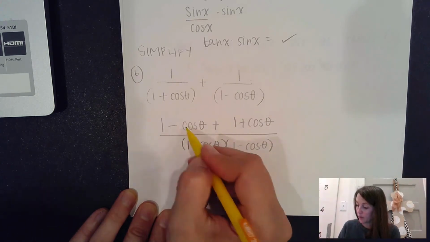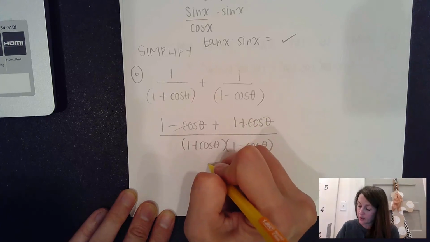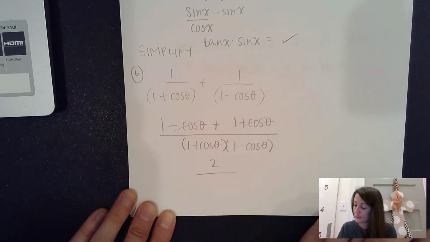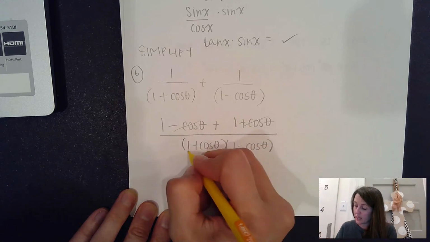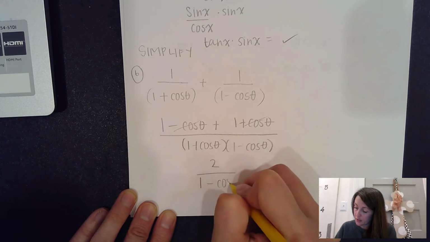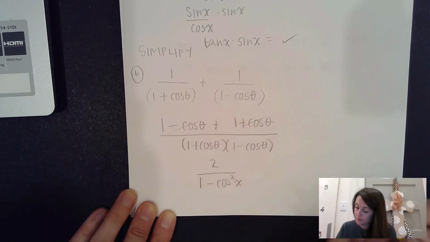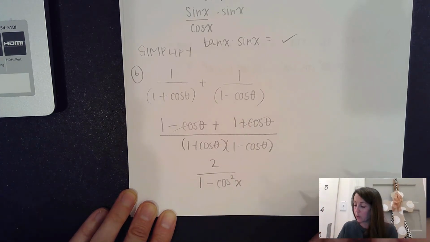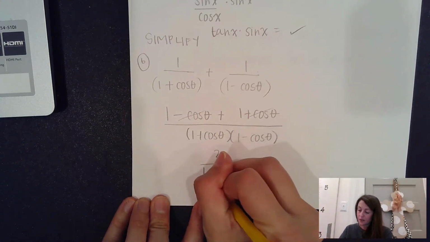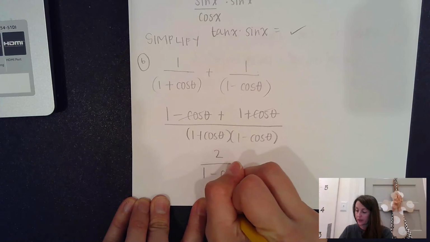So what happens to your cosines? Those go away, so you're going to be left with 1 plus a 1, which is a 2. When I multiply these out, the middle term will go away, so I'll be left with 1 minus a cosine squared. Well, 1 minus cosine squared is just a sine squared, so this will be 2 over sine squared.